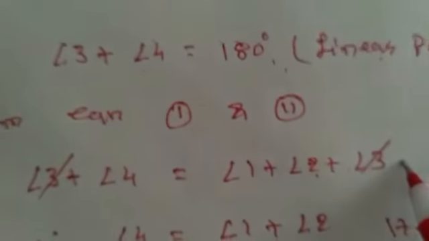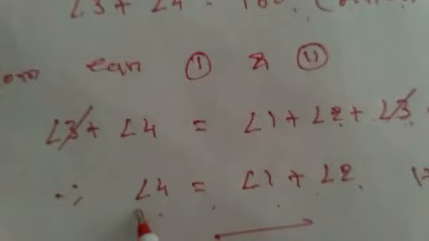When we compare equation number 1 and equation number 2, we can see that on the RHS there are 180 degrees in each equation. Obviously then their LHS parts will be the same. So we can write angle 3 plus angle 4 is equal to angle 1 plus angle 2 plus angle 3.